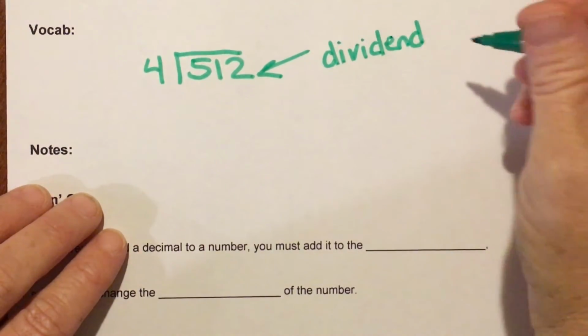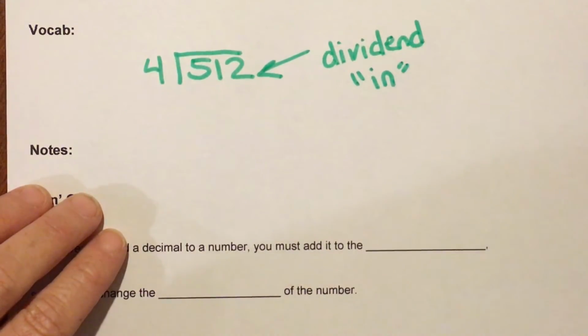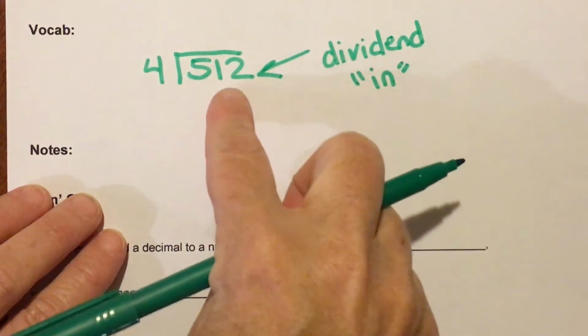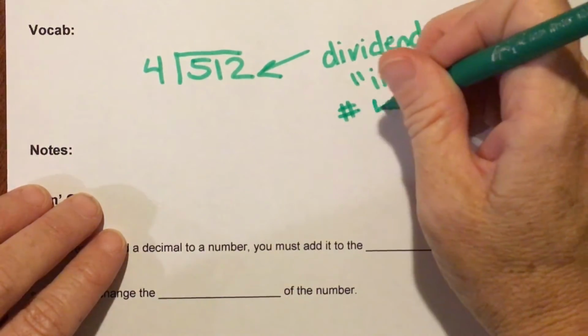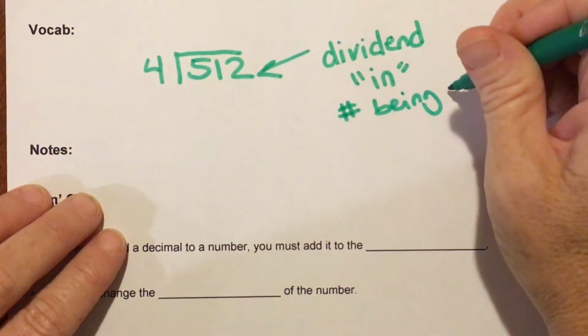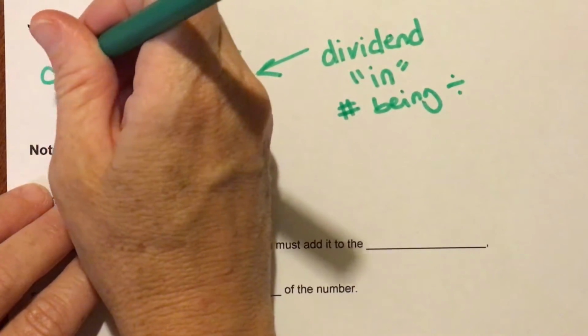And when you say dividend, you kind of hear the in word. So the dividend's the inside word. This is the number that you are dividing. So it's the number being divided. This number is the divisor.